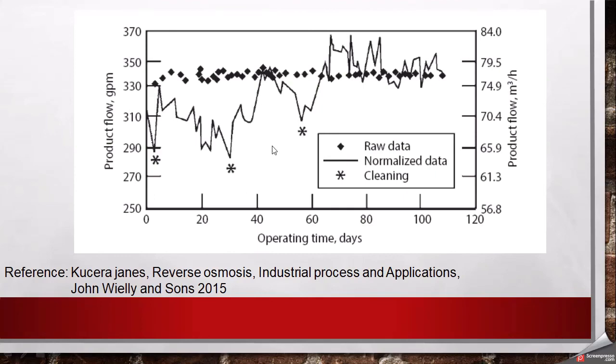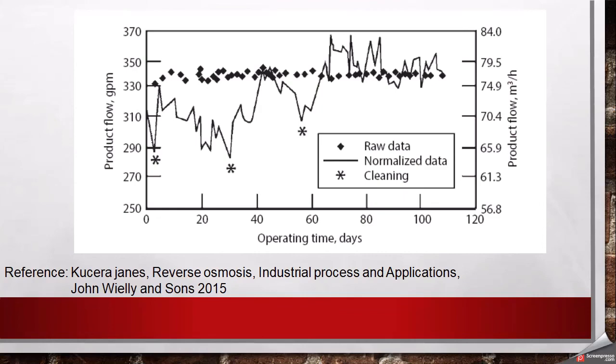Raw data is not telling anything about the performance of the membrane, because the operator sometimes adjusts or increases the pressure, which increases the flow, or sometimes temperature changes, sometimes feed quality changes, and the operator cannot understand the situation or position of the membrane.